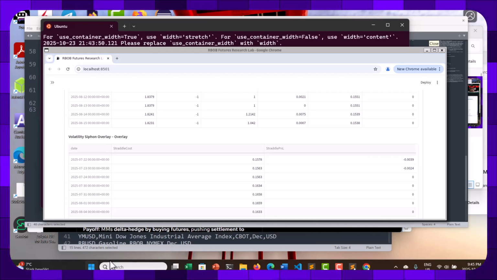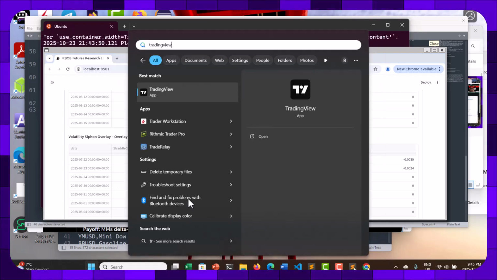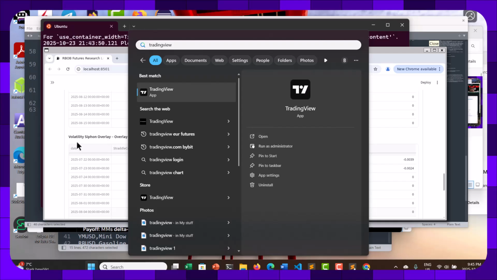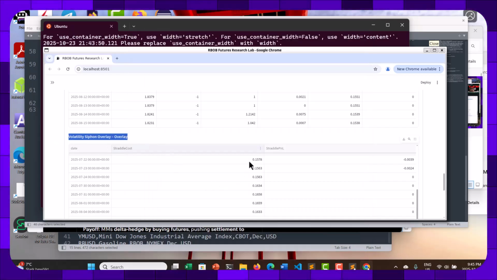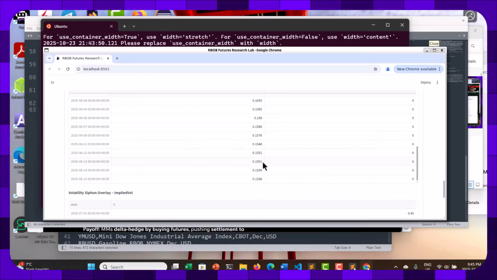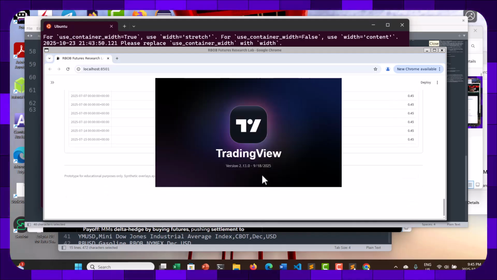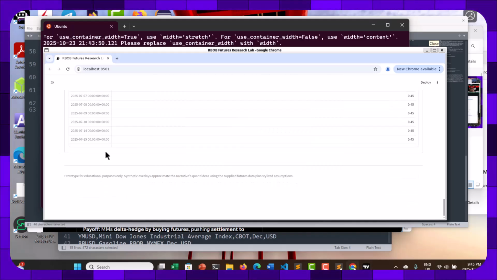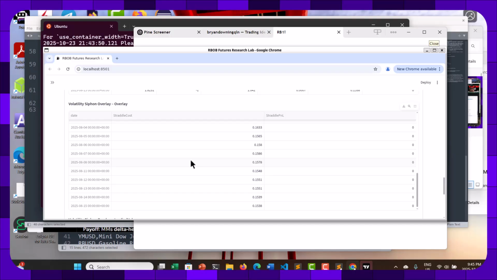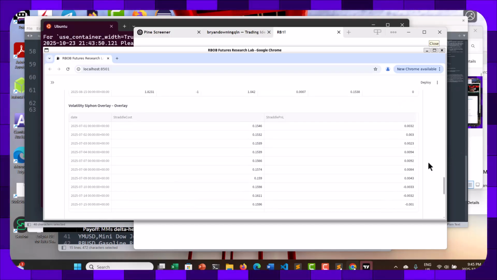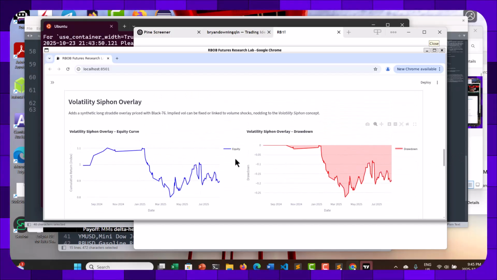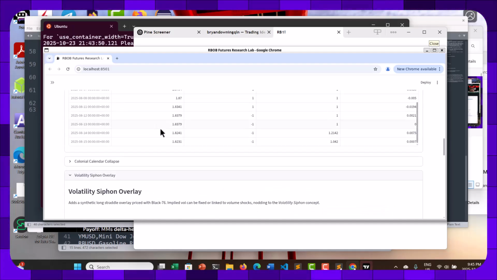So let me see if I can pull up my TradingView here just for comparative reasons. I do believe what came out of this analysis is what would be the least risky and best performing strategy for RBOB.